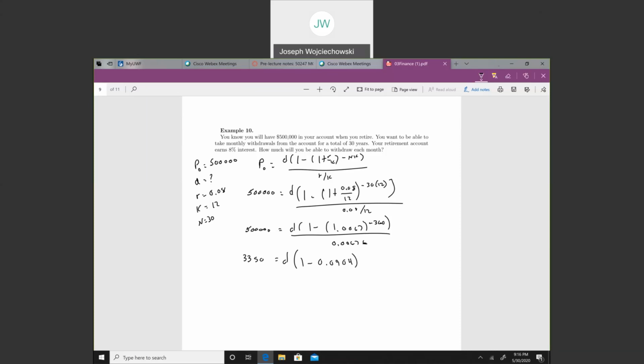And we got rid of the fraction by multiplying. So 1 minus 0.0904 equals 0.9096.